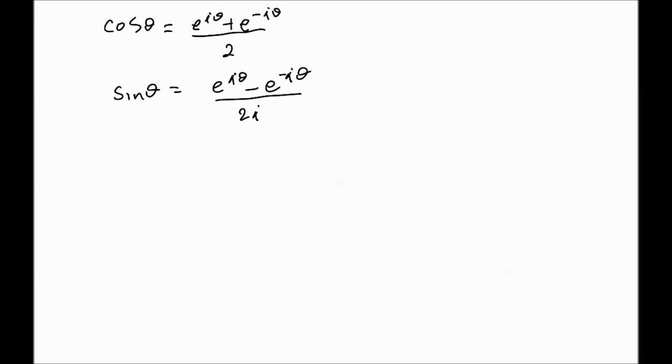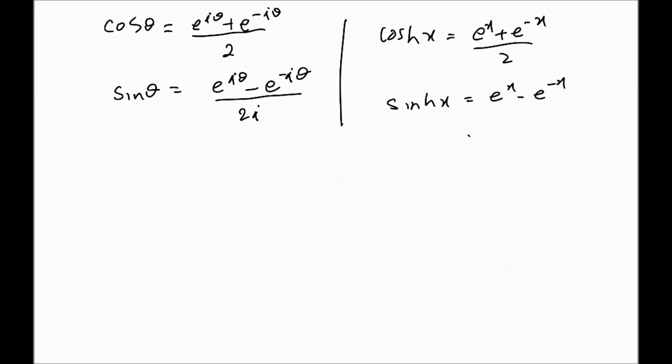These, if you will note, look very familiar to the hyperbolic functions. I'll write them down here on the side. Cosh x, you will recall, is e to the x plus e to the minus x over 2, and sinh x is e to the x minus e to the minus x over 2. So you can see the similarity in these two formulae.